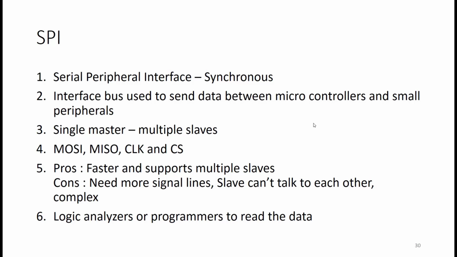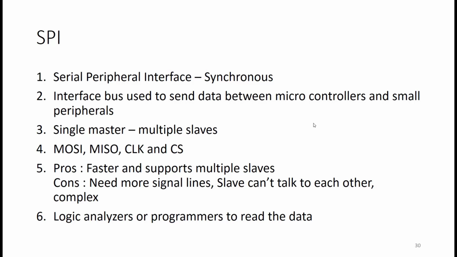That means if you want to connect to n devices, it requires n lines to communicate with them. Since the master needs a separate line for each slave, it makes a complex architecture of the device board. The lines are multiplied by the number of slaves or peripherals you want to connect to the master.